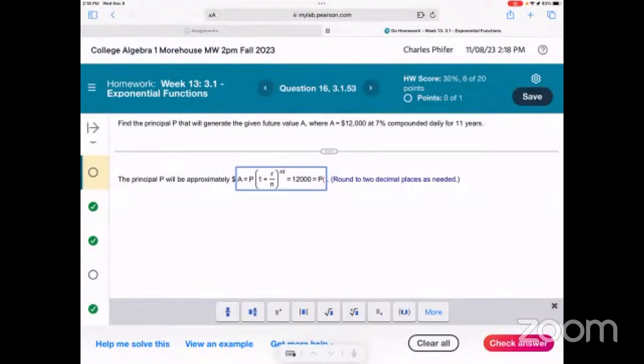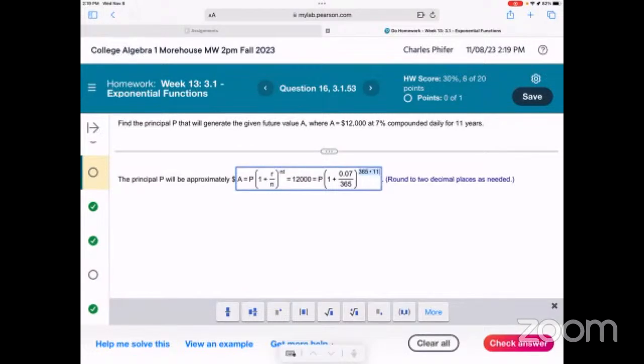The rate is 7%, so 0.07, divided by 365 since it's compounded daily, to the power of 365 times t. Time is 11 years.